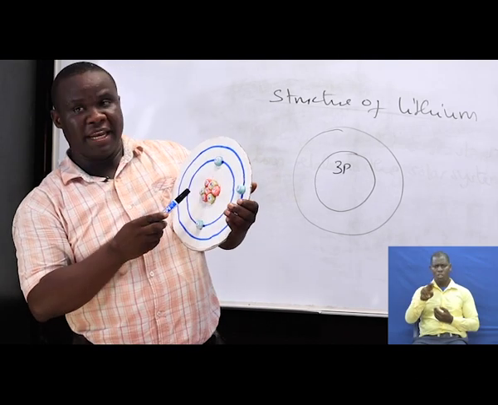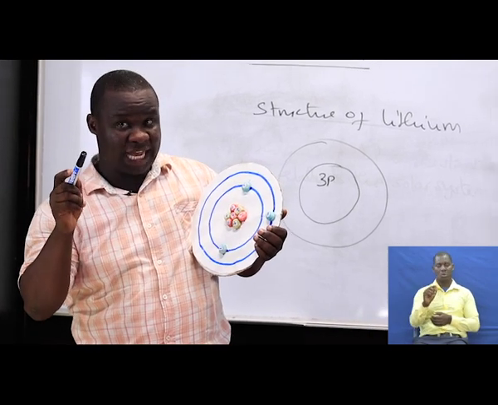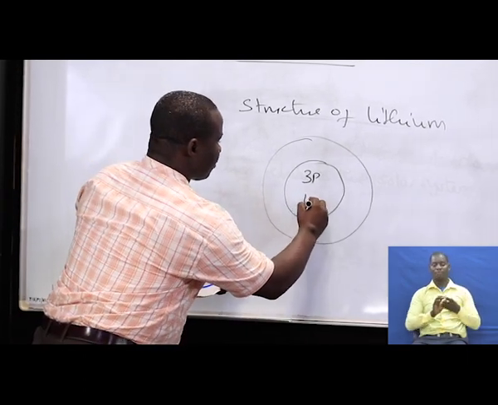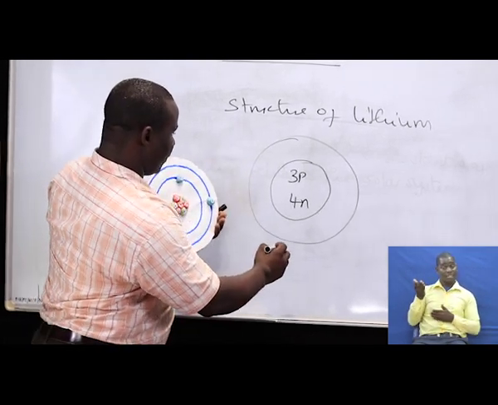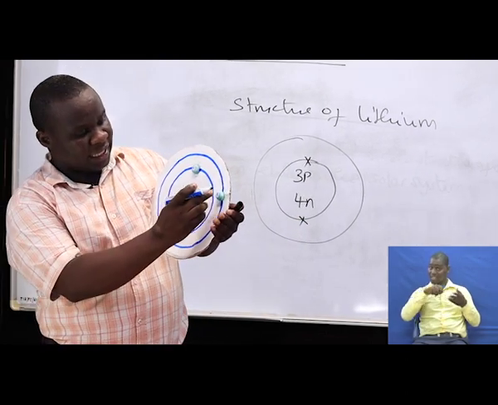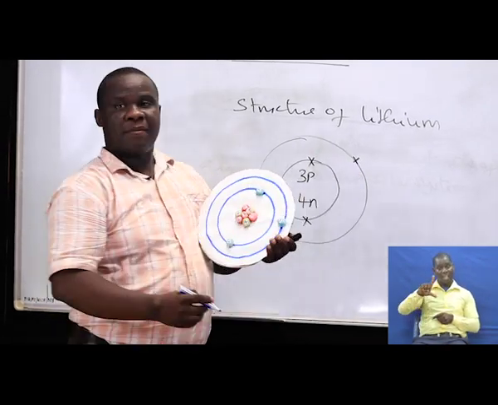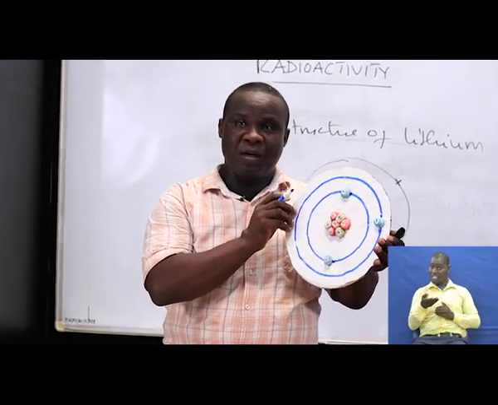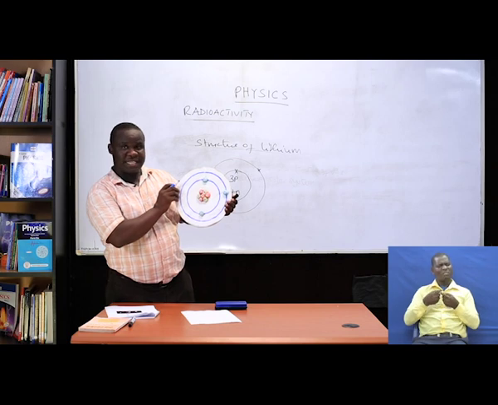The neutrons are indicated by 0, which means neutral, with no charge. They are 1, 2, 3, 4, so 4 neutrons. In the first shell we have 2 electrons; we normally draw them as the first electron and the second electron. And in the last shell, or the second shell, we have 1 electron. Now, dear student, this is the model we are now using, and we will have several kinds of questions from this.